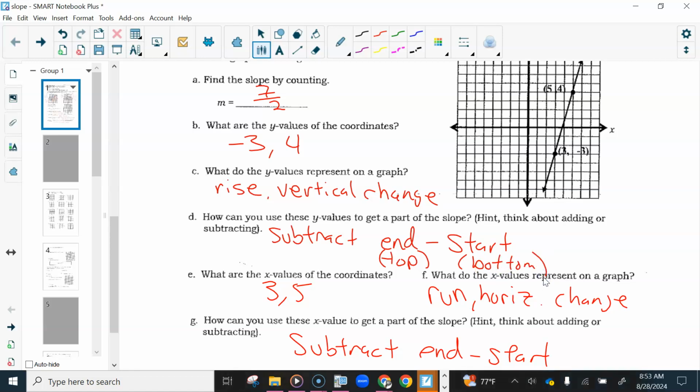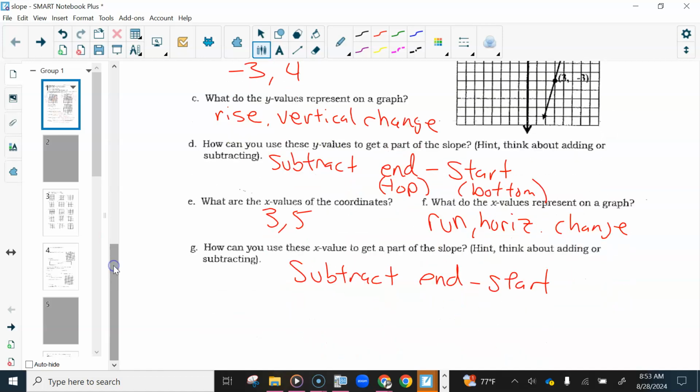And then for our x values, which one would be the end? 5. So usually the one furthest to the right. So then we're going to test this here on the next page. So once you have that, go ahead and go to the next page.